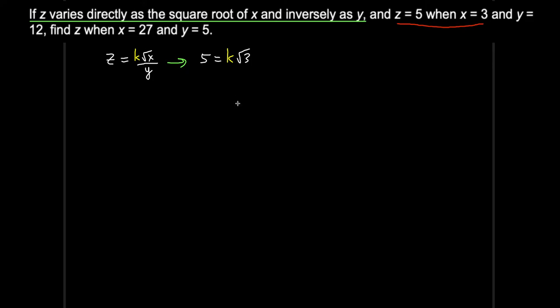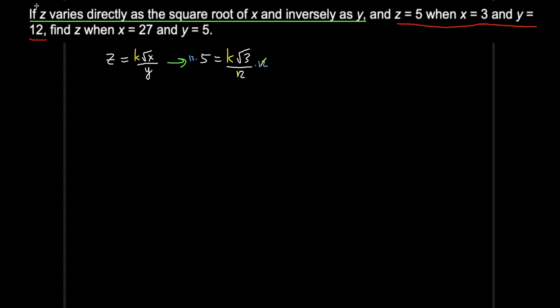And we have to divide by y, which is 12 in this case. Now in order to solve for k, you have to multiply both sides by 12, of course. So multiplying both sides by 12 will eliminate the 12 on the right side.